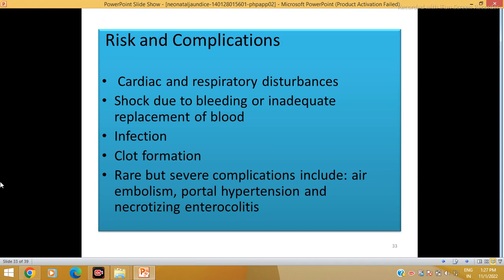Then clot formation is also possible. Rare but severe complications include air embolism, portal hypertension and necrotizing enterocolitis. So these are the complications which can occur after exchange blood transfusion.